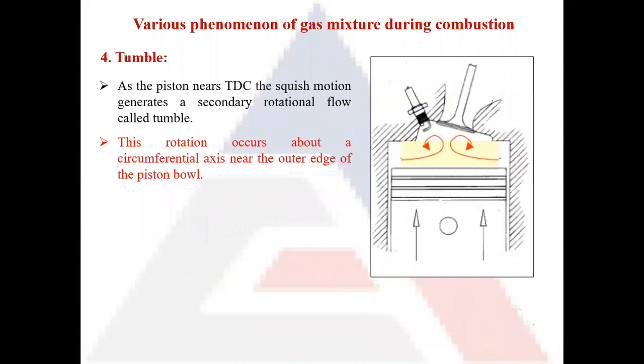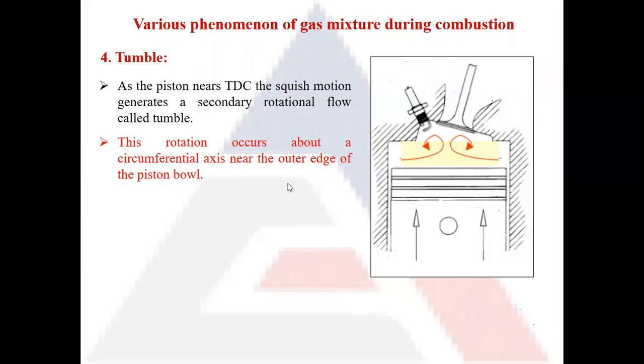And the fourth phenomena is your tumble. Now this squish motion, that is the air that is going inwards radially. Now when two opposite fronts meet each other at the center, one circulatory motion is developed at the center. Now this circulatory motion is known as your tumble motion. Now this tumble motion also helps in intermixing or creating a homogeneous mixture of the air fuel inside the combustion chamber.